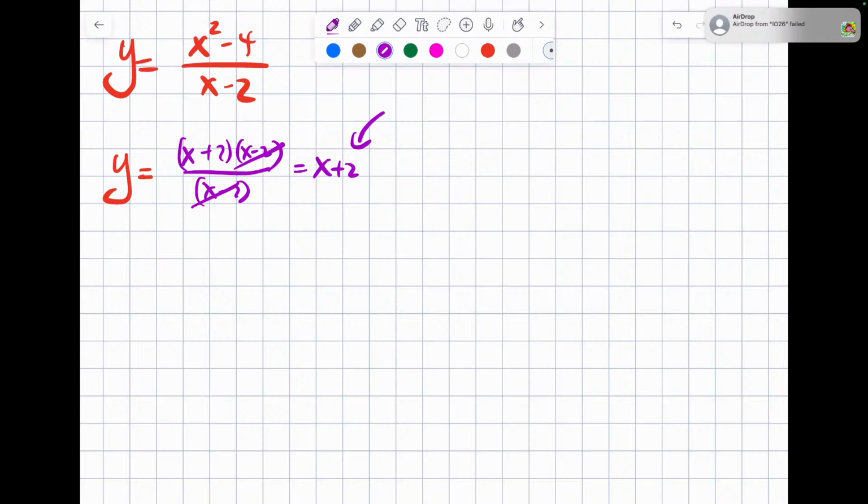So this is the simplified equation, right? Now, what happens if you have a simplified equation?